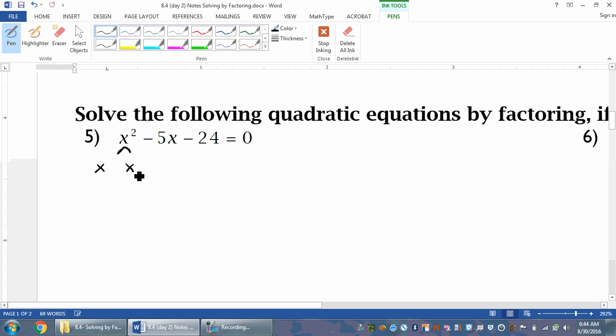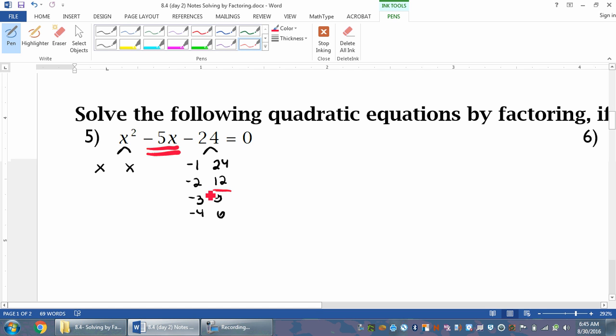Multiply to x and x. All the factors of negative 24. If it's a negative, then in each combination one number will be positive and the other one is negative. Negative 1 and 24. Negative 2 and 12. Negative 3 and 8. Negative 4 and 6. Now we're looking for a combination that gives negative 5x.